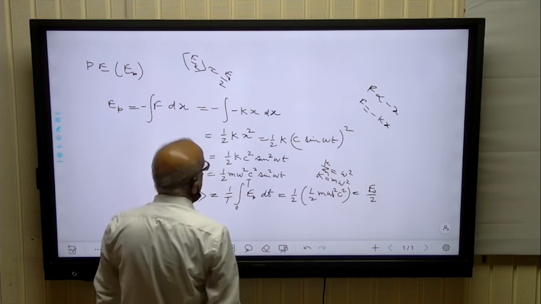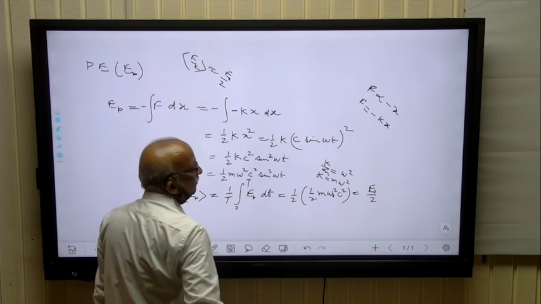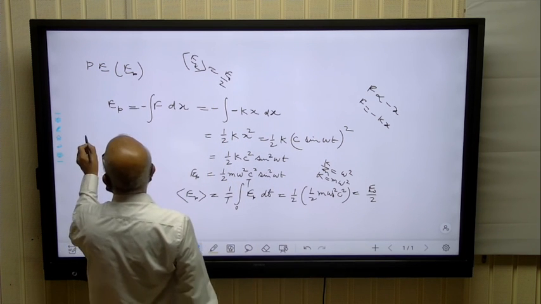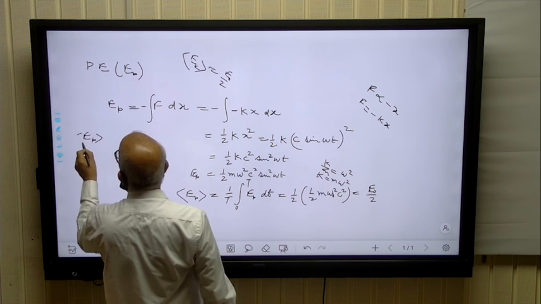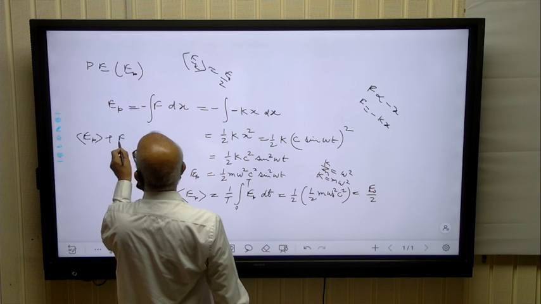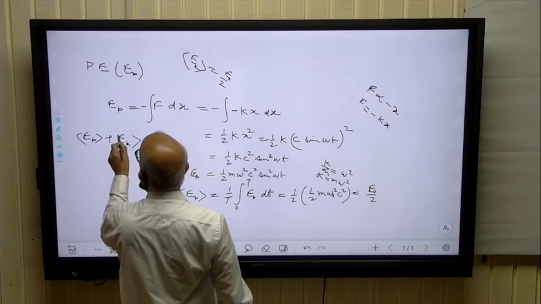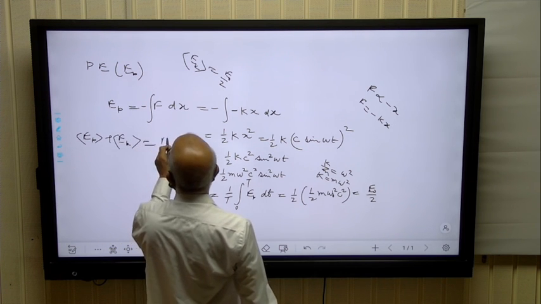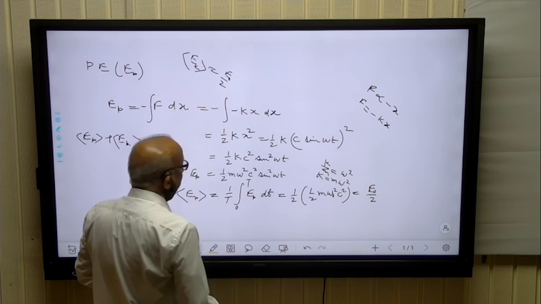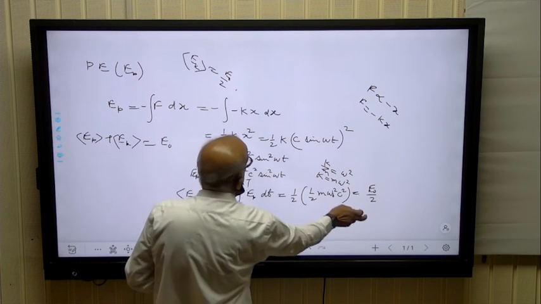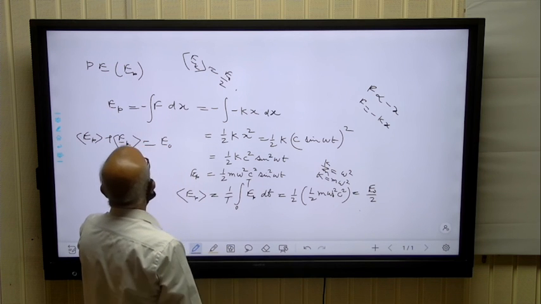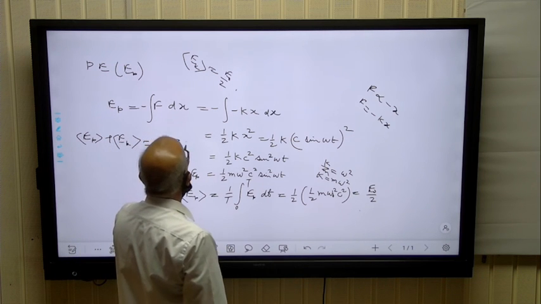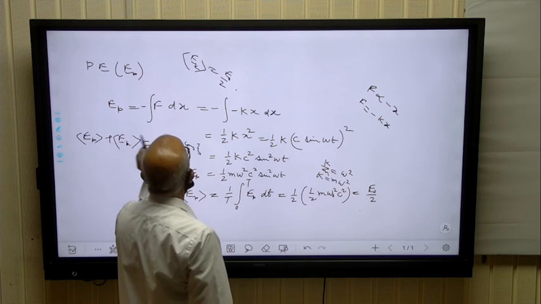Now if I add these two, the total energy, E P average plus E k average, is equal to E naught. You see, as soon as we add, we get this, and this is constant. Fantastic result.